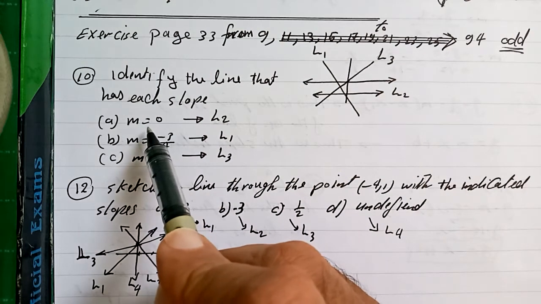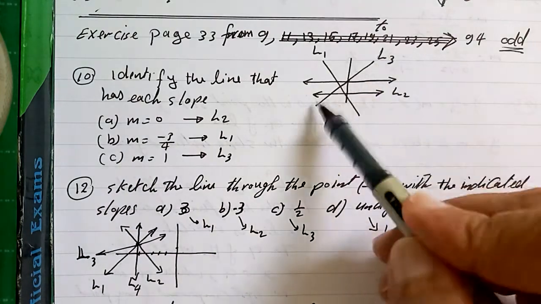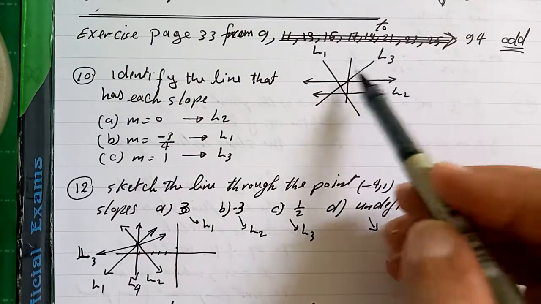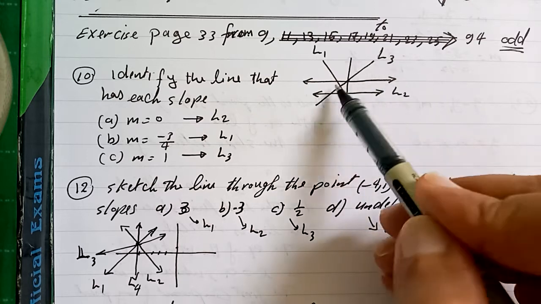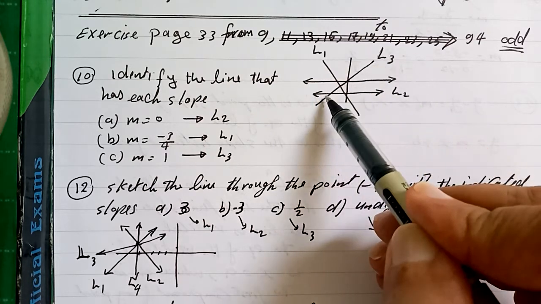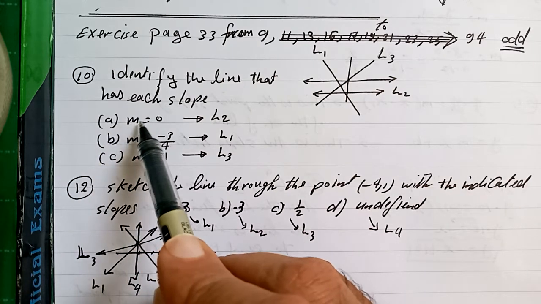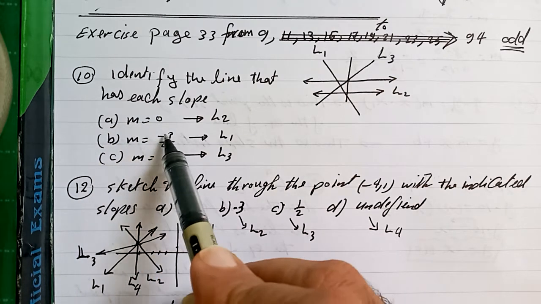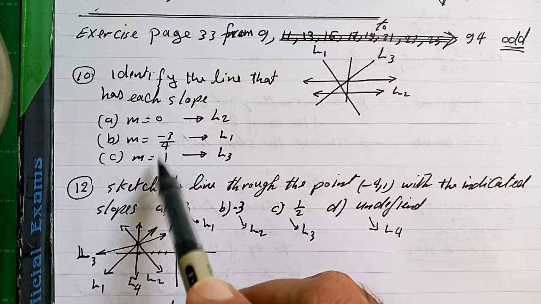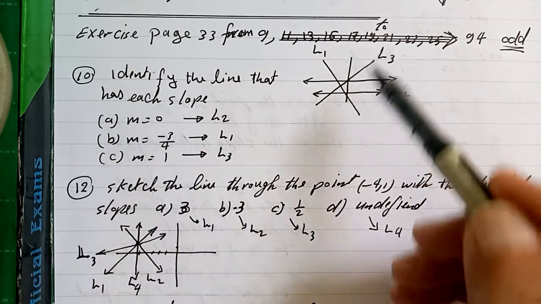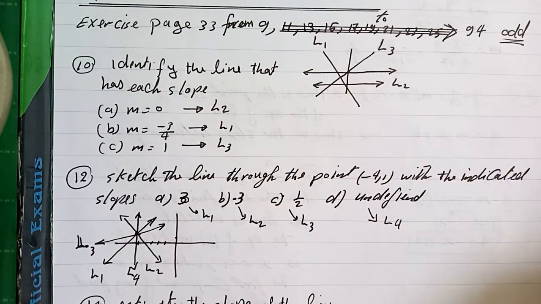If you look at this figure, you'll find line 1, line 2, and line 3. And you have slopes m equals 0, m equals negative 3 over 4, and m equals 1. You need to match the slopes with the lines.